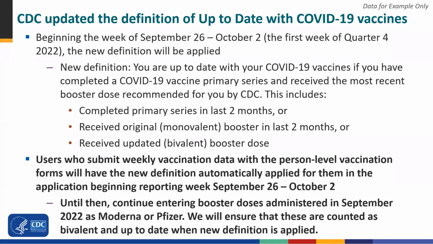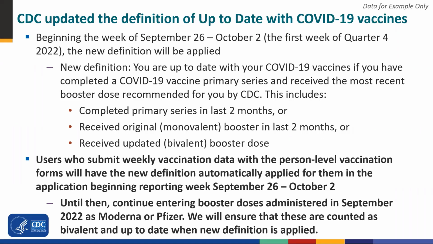So you can still enter them as Moderna or Pfizer, and then we will just make the assumption that if it occurred during September, and the updated bivalent booster is not yet an option in the drop-down menu, we're going to assume that that's an updated bivalent booster, and we will apply the code accordingly.